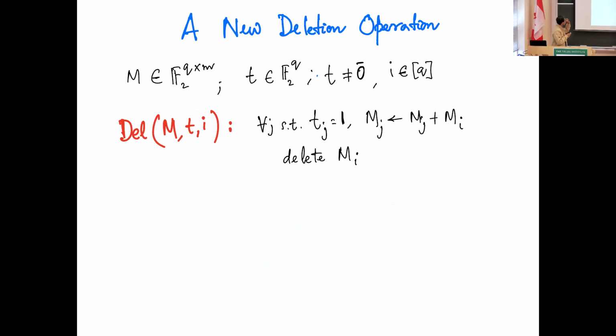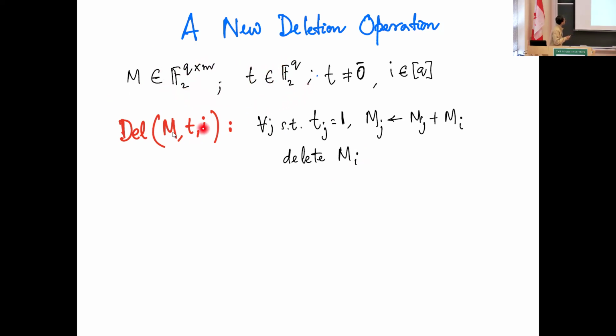Let me point out a very useful lemma from linear algebra that is surprisingly simple, but turns out to be very effective for us. To mention that, let me define a new operation on matrices. Imagine I've been given a matrix M. It's a q-dimensional matrix, representing some q linear constraints. And T is a vector, a characteristic vector selecting rows of my matrix.